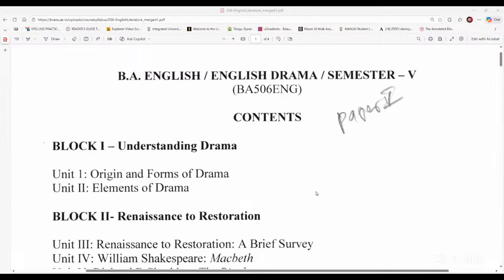Now, with this explanation of the table of contents and different topics within your course, I would like to move on and begin today's session with the origin, forms of drama, and then elements of drama.